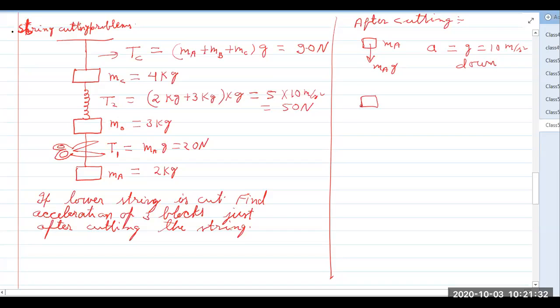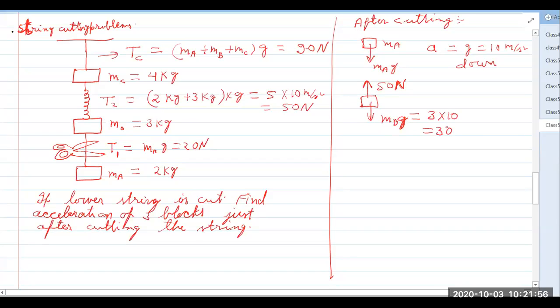Now for B. If we see from the upper side, 50 Newton is pulling it in the upward direction. But in the downward direction, there is no tension. The tension has vanished. Only weight is acting. The weight is MBG, that is 3 kg into 10, so 30 Newton.